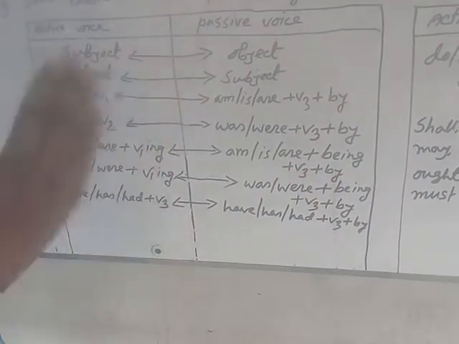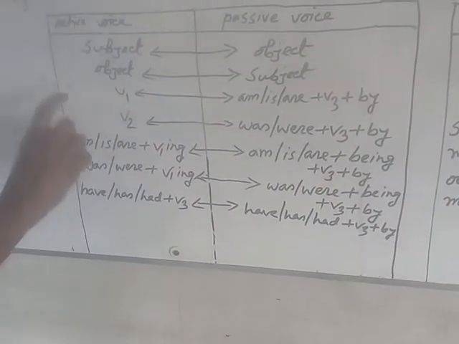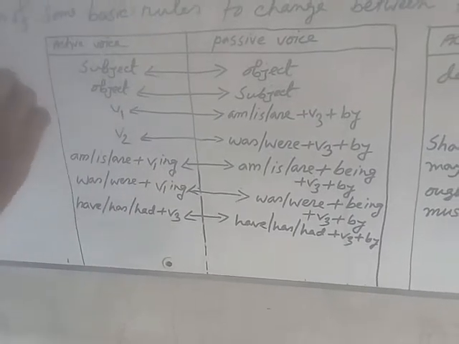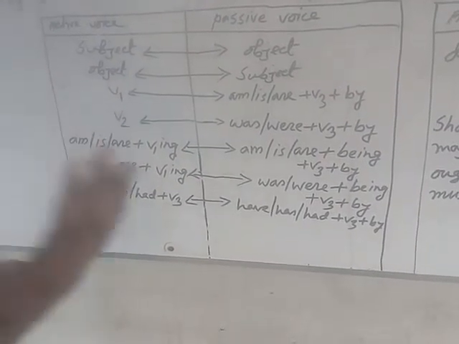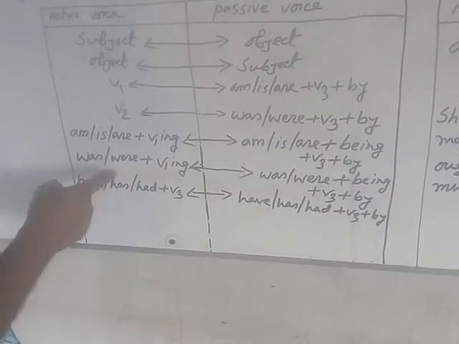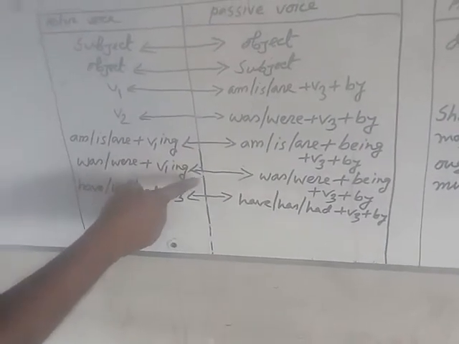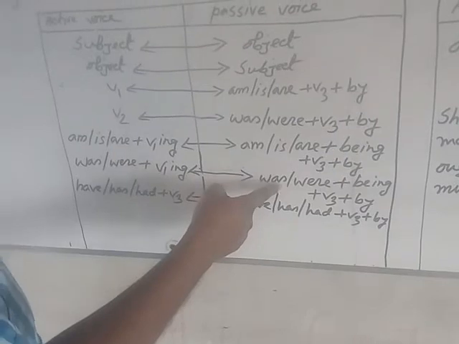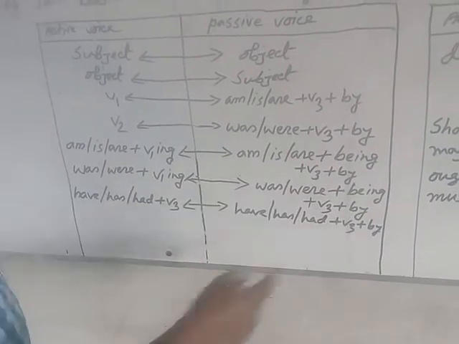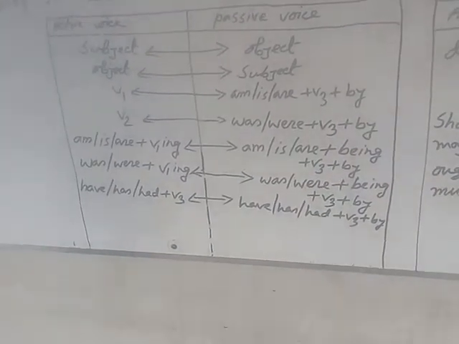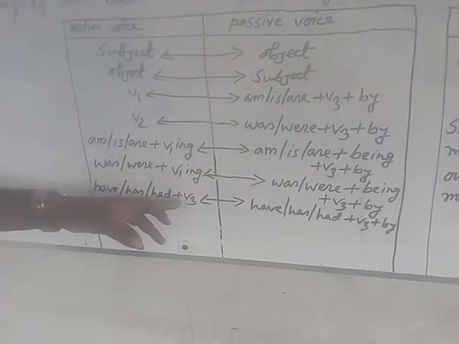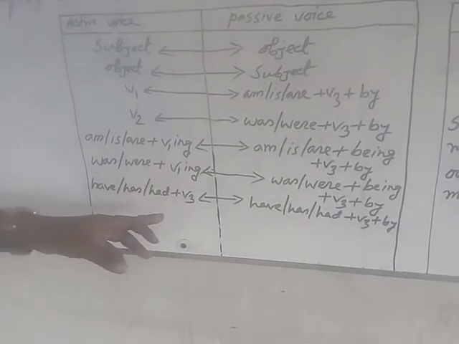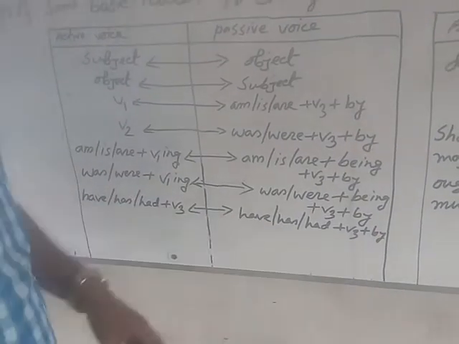And following this, the past continuous tense will be the same thing. Here was were plus verb ing will be changed into was were plus being plus verb 3 plus by.